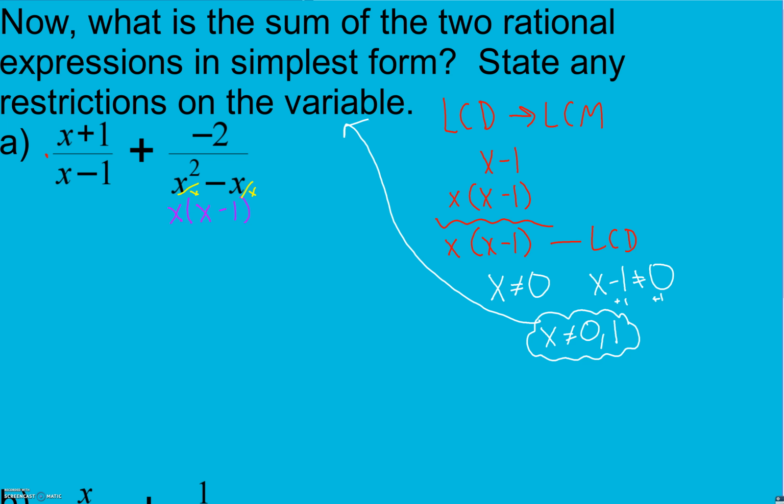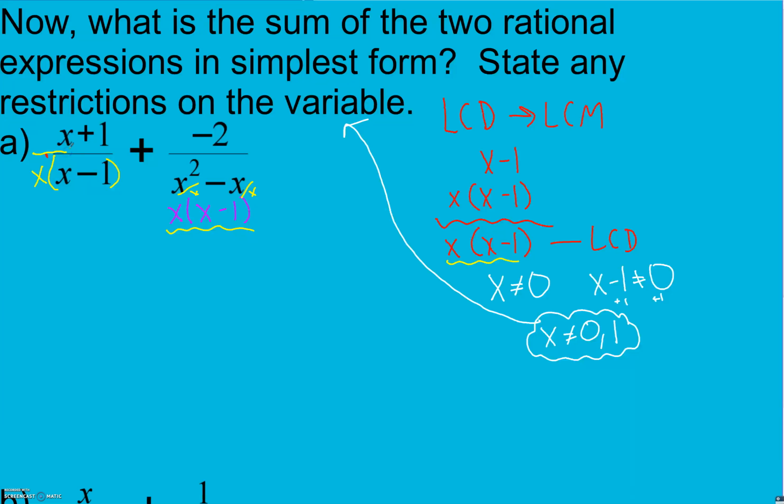Now that I have my common denominator, I want to get both my denominators to be the same. So I'm looking for x times x minus 1, which in my second fraction I already have. In my first fraction I'm missing an x. So I'm going to go ahead and multiply by x in my denominator to get that common denominator.